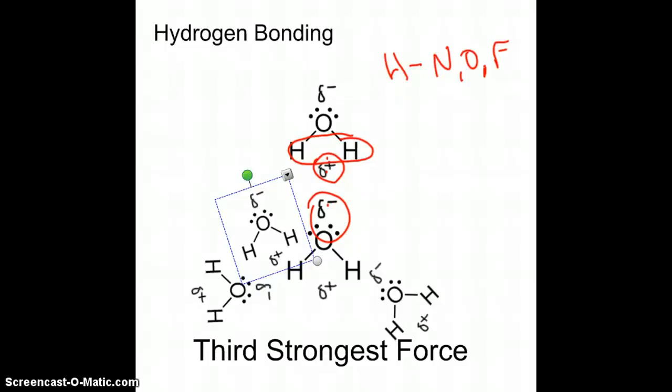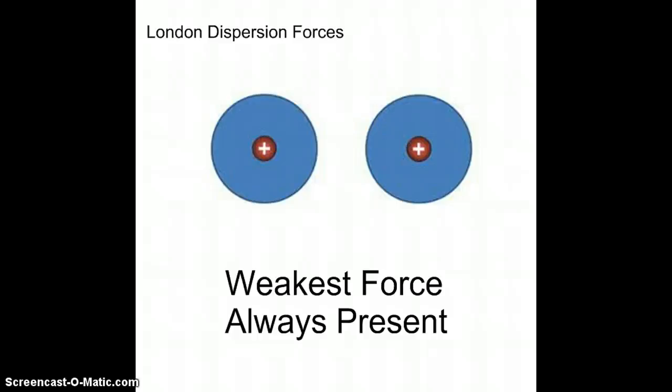So the last one is called London dispersion forces. London dispersion forces are the weakest, and they exist in every molecule or particle known to man. They're the weakest because when something doesn't have a polarity, all we're looking at is the nucleus of an atom. What's the charge in a nucleus? Positive.